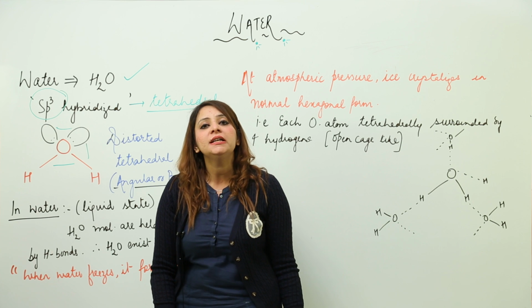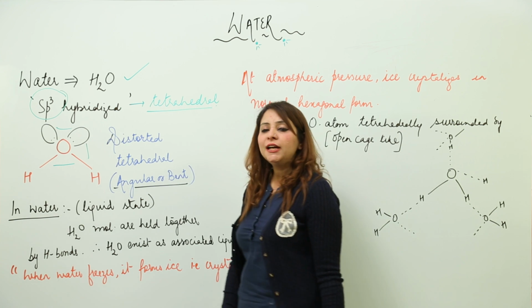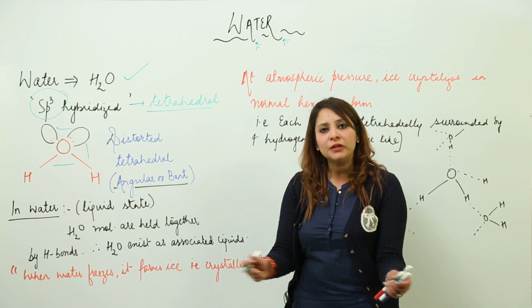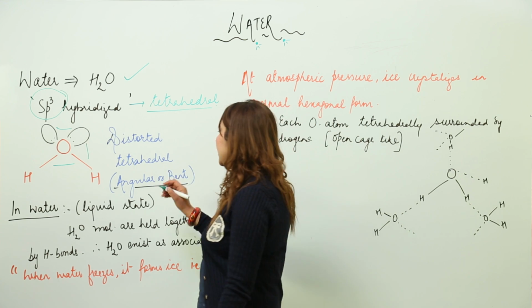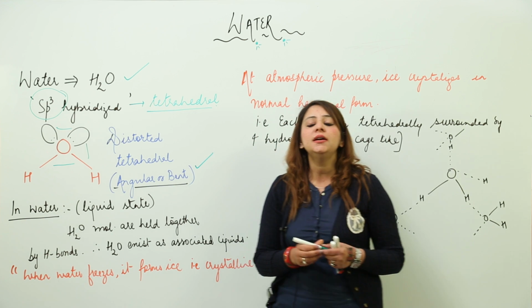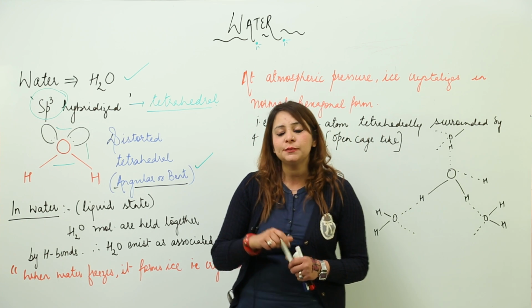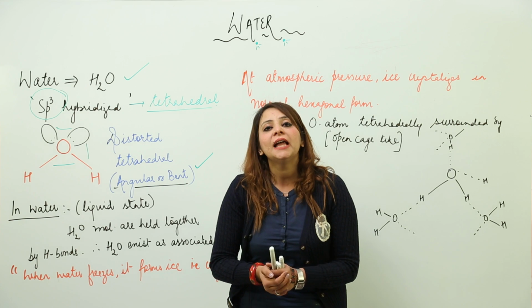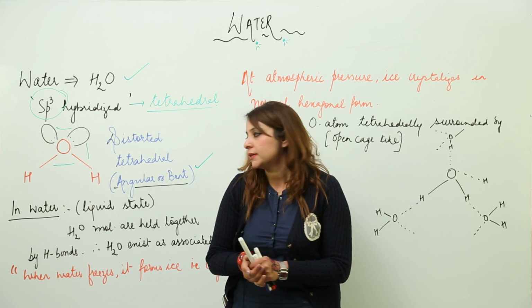This makes the geometry distorted, and for a distorted geometry we have a specialized name. Here the specialized name is angular or bent geometry, right? So the geometry of water is given a special name: angular or bent.